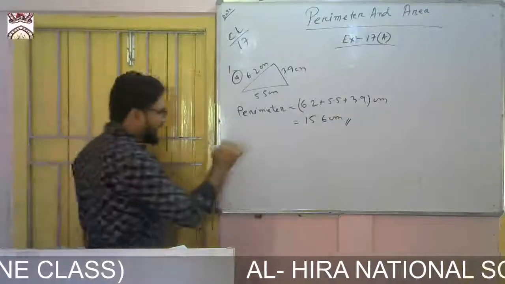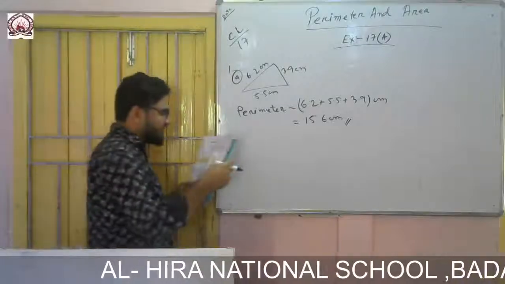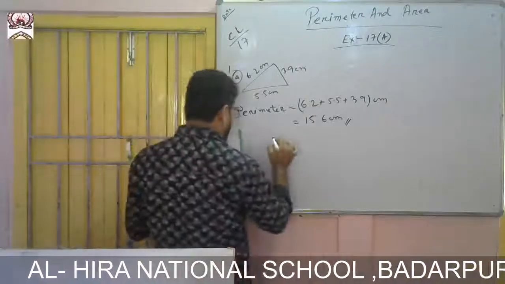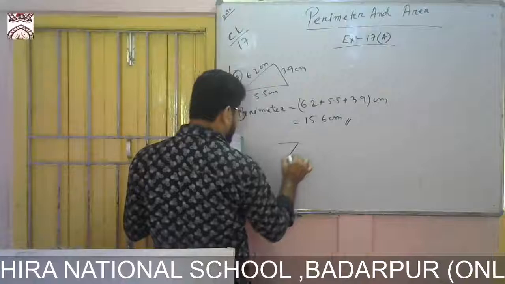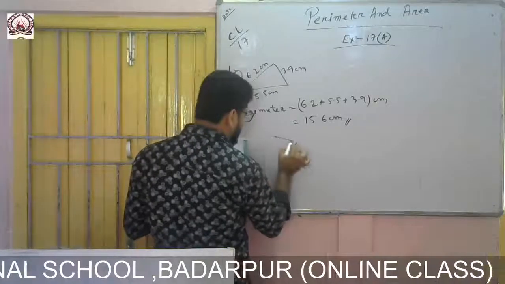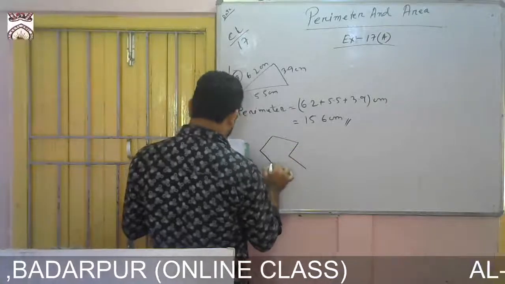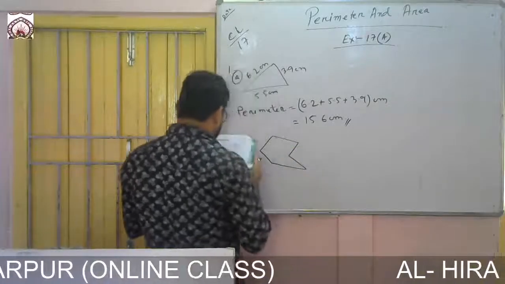Now come to B. So in B, what is there? See the figure how it is drawn. It is somehow like this.